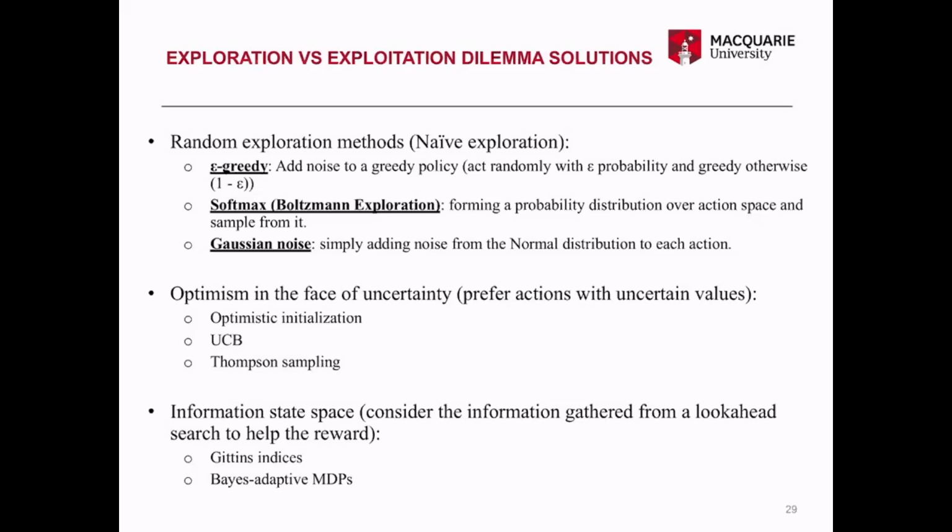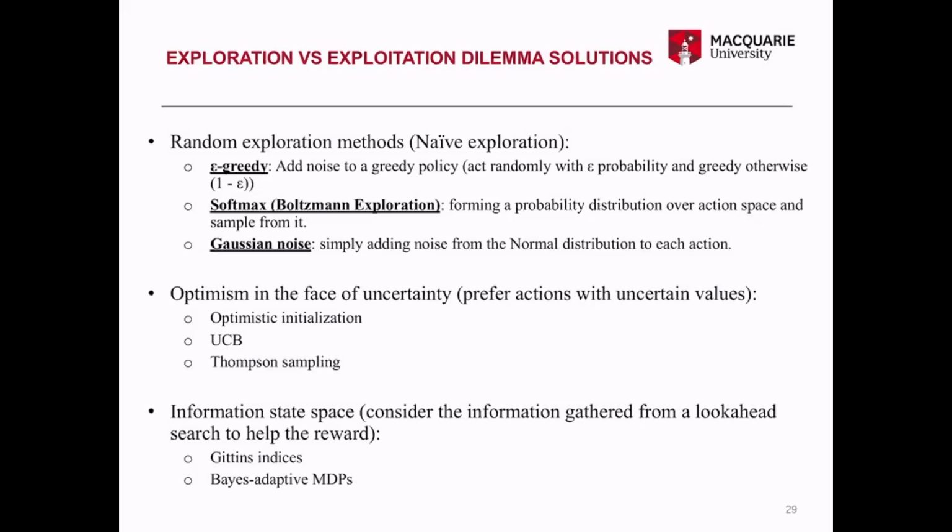And the other two are part of our week 12. One of them is softmax or Boltzmann exploration, forming a probability distribution over the action space and sampling from it. And of course, it is weighted by the probability of our actions, so the optimal action has a higher chance of being chosen, but others are also not missing out.